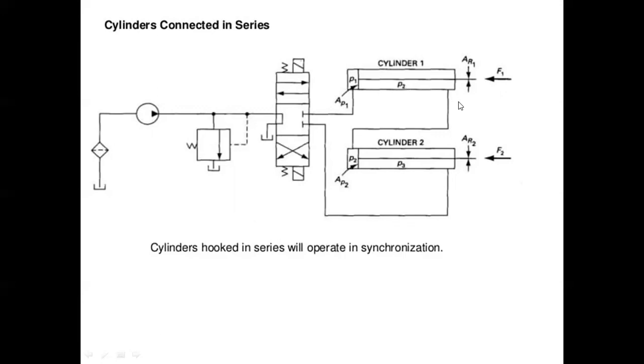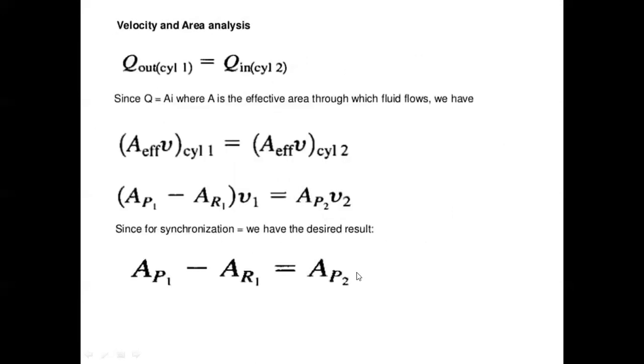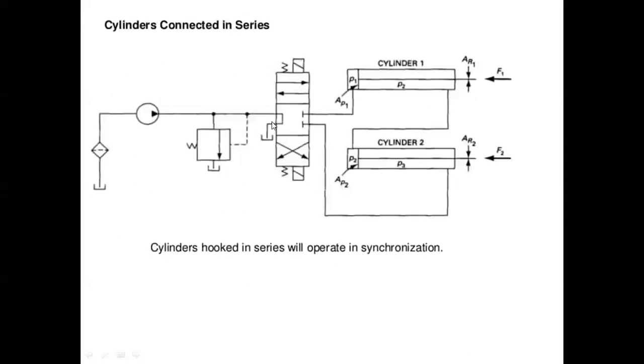Because this P2 applies here, the cylinders are connected in series. Extending these cylinders, forces F1 and F2 apply. So cylinders hooked in series will operate in synchronization, so Q out of cylinder 1 equals Q in to cylinder 2.